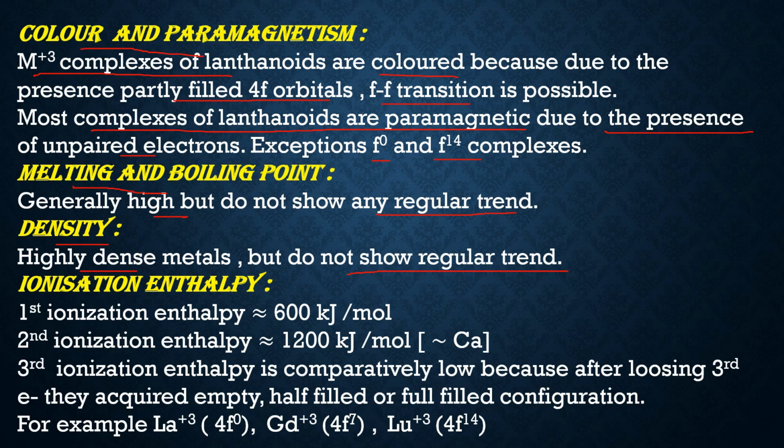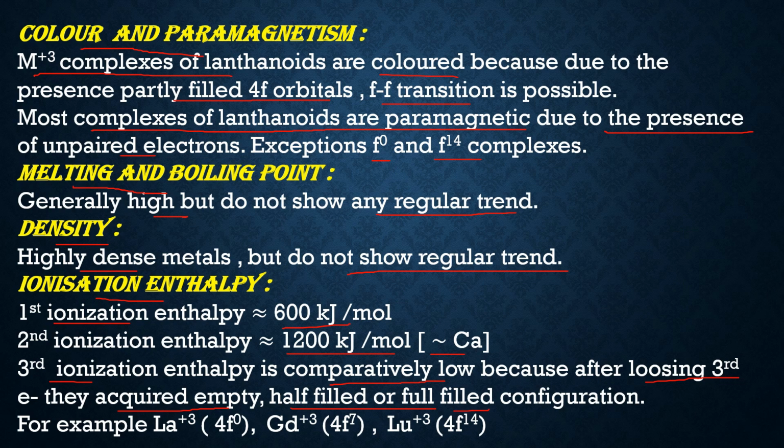The next property is ionization enthalpy. The first ionization enthalpy is 600 kilojoule per mole. To remove the second electron, 1200 kilojoule per mole energy is required, which is nearly equal to that of calcium. But for removing the third electron, the energy required is comparatively low. Now the reason is that after losing the third electron, the metal acquires an empty, full-filled or half-filled configuration.